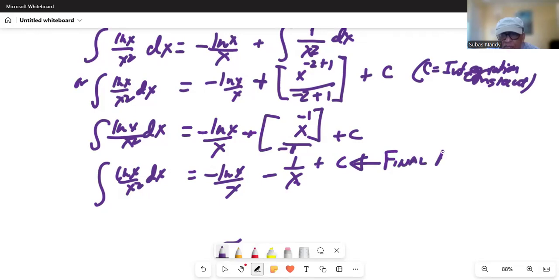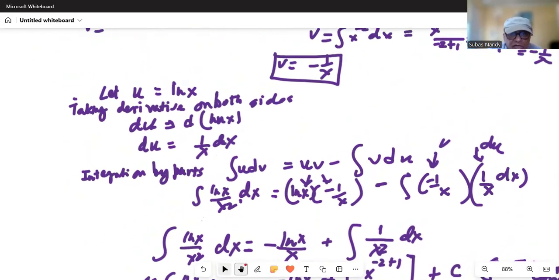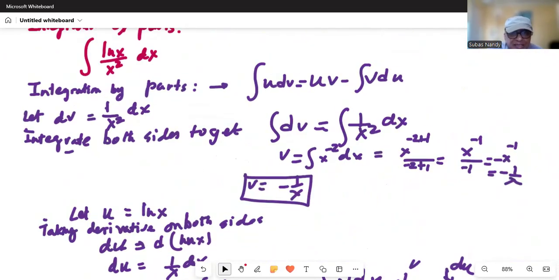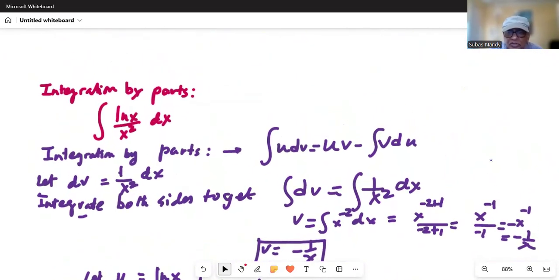So let me quickly walk through what we did. Integration by parts, the key thing is knowing the formula: integration of u dv is equal to uv minus integration of v du. The strategy is how to select the proper u and v. We said dv is equal to 1 over x squared dx.